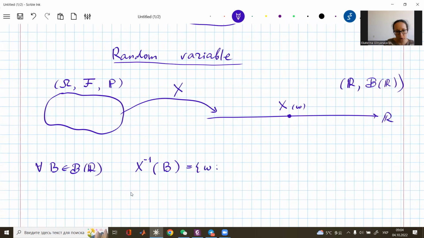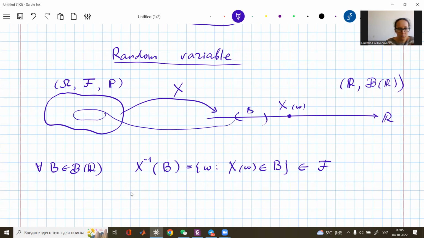This is all points of omega such that X of omega belongs to B. So this subset of omega now should belong to sigma field F. So this is a very important property that we should have in order to define a random variable.